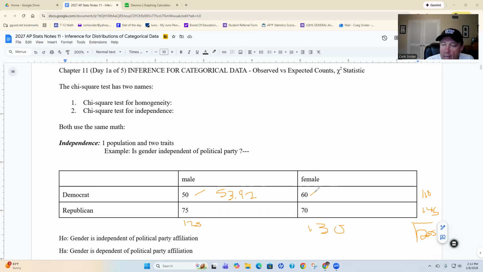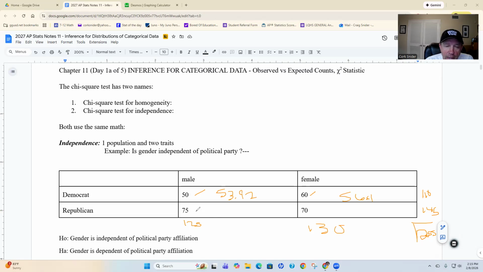For this one right here, I'm going to go 130 times 110 divided by 255, and that comes out to basically 56.1.